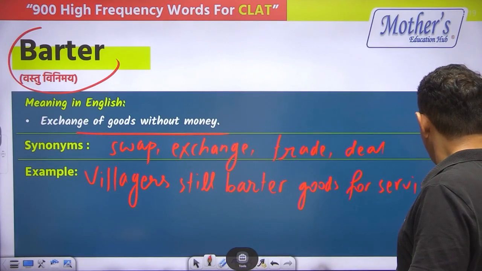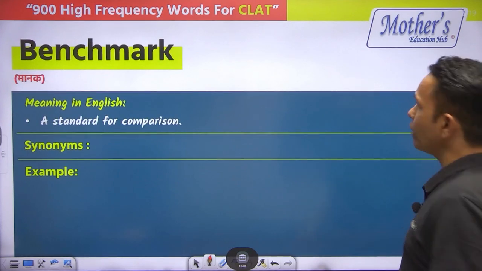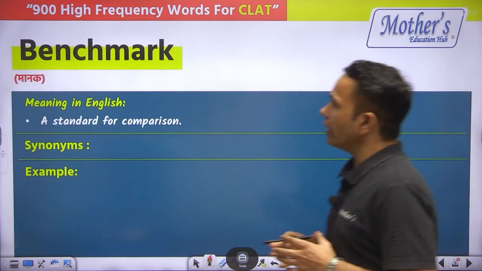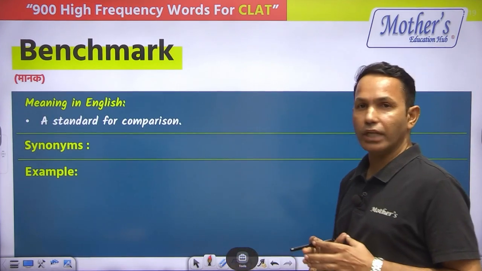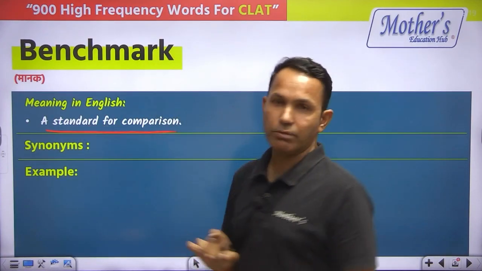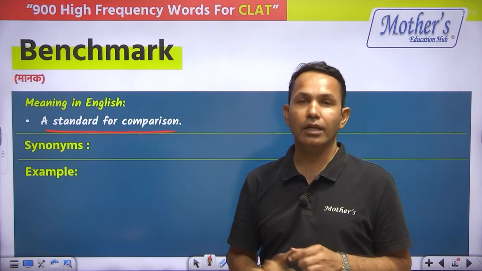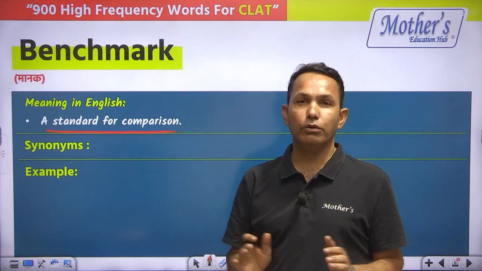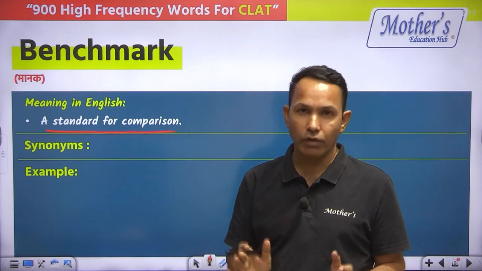Students, we are going to cover some economic terms, and our next word is benchmark. Benchmark means a standard for comparison. I think many of you are already familiar with this word.